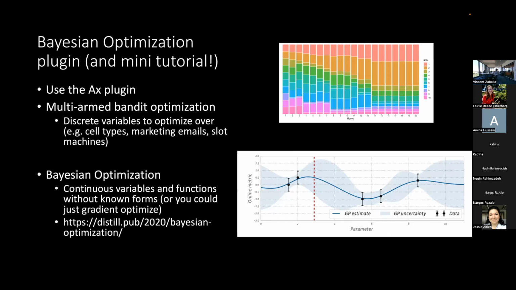The Gaussian process is basically a space of functions that you think might look like it, and then you ensemble those together to get the average or the median here, and you also get the variance. So you use that Gaussian process, your posterior, what you think it could be, with an acquisition function. But again, Axe handles these things, so you don't need to know the details, which is nice.